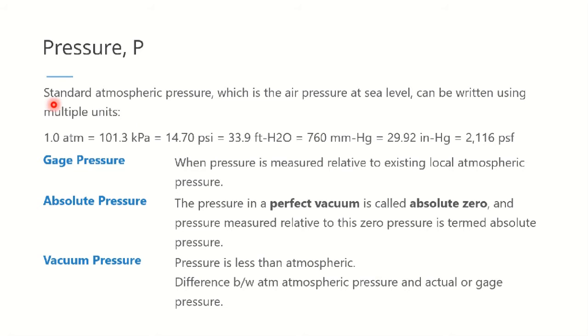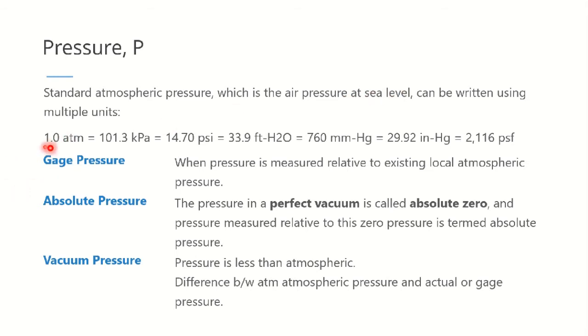Ayan, so we have here standard atmospheric pressure. So ito sa Earth, we have this standard pressure which is the air pressure at sea level. So can be written using multiple units. So take note class, magbabago ito depende sa height. Okay, so strictly dito lang siya sa sea level.